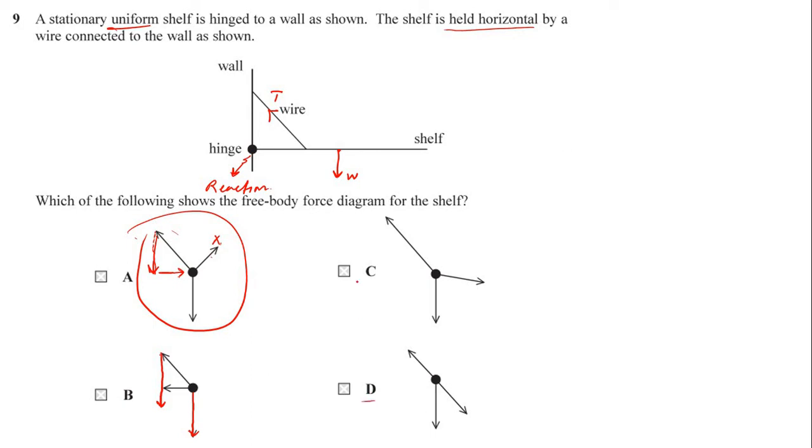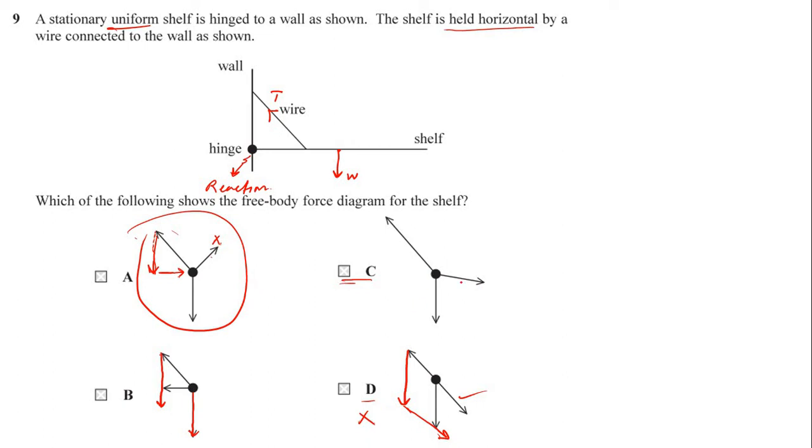Option D also, option C is basically, but I'm clearing option D. If you join tension with the weight, it will be something like that, and the reaction force shown here will be this. So it is an incomplete diagram, because you need a fourth force to balance.